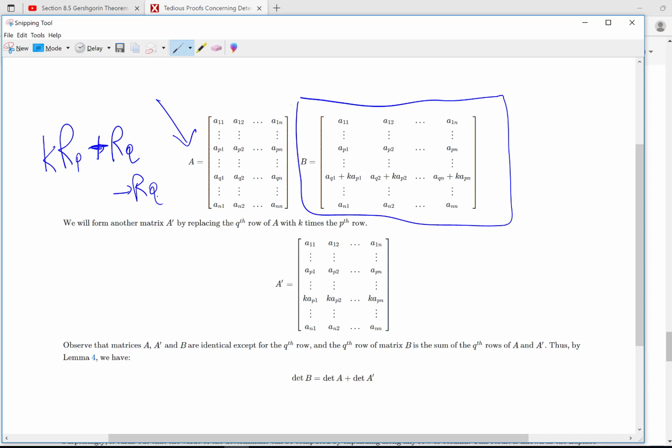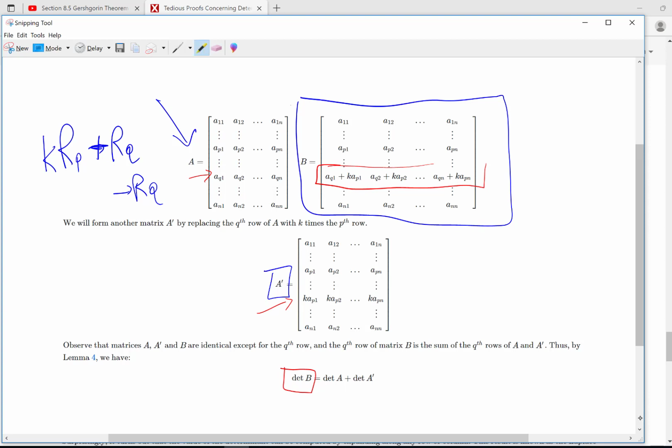But what we're going to do is show what happens by using lemma 4. And so we come up with another matrix, A prime. It's the same as A, except that the only difference is in row Q, where it used to say AQ1, AQ2, now it says KAP1, KAP2. So lemma 4 tells us that if you add these rows together, which is exactly what happens in row Q of B, then the determinant of B must be the sum of those two determinants.